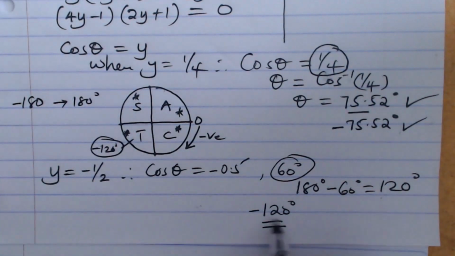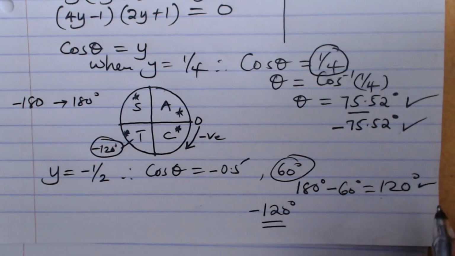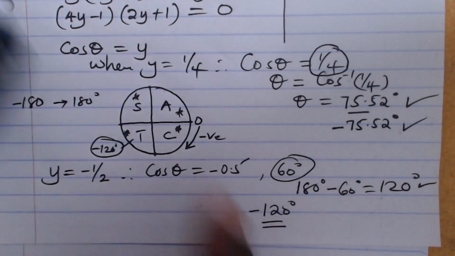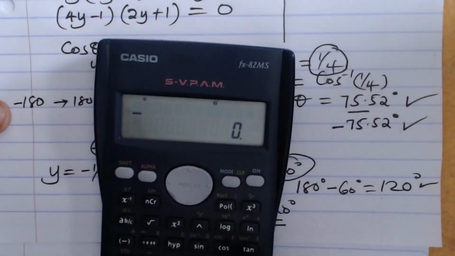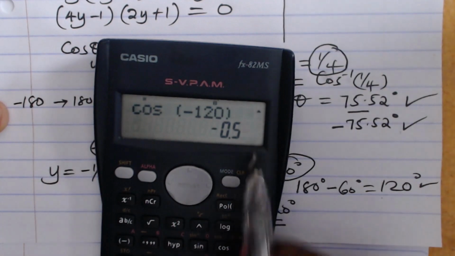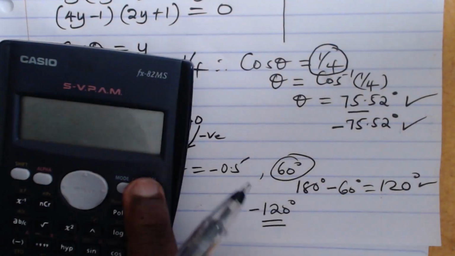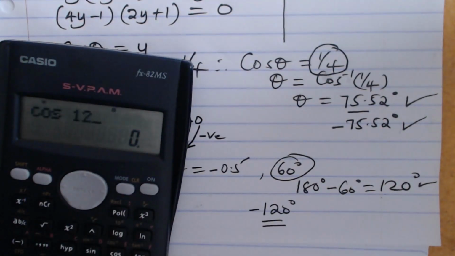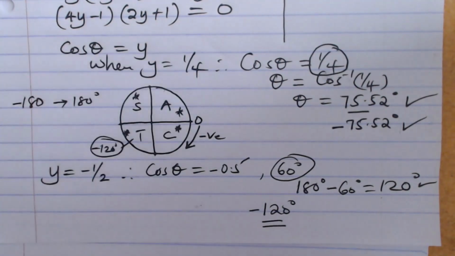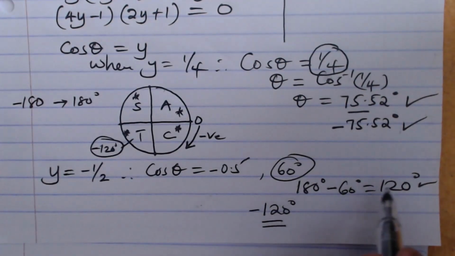If you want to verify your answers, you can insert the cosine of negative 120 degrees. You notice it gives you negative 0.5, so it is among our solutions. The other one was 120: the cosine of 120 also gives negative 0.5. So there are two answers there. We don't have any other.